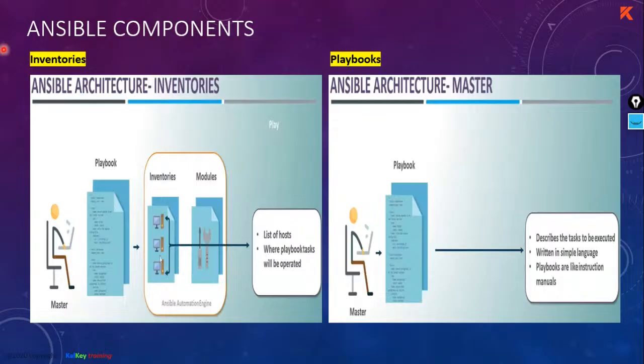So similarly, we have this inventory. So what happens is once you write your playbook, you will access your inventories. And with the help of the inventories, the inventories are nothing but a list of hosts where playbook tasks will be operated.